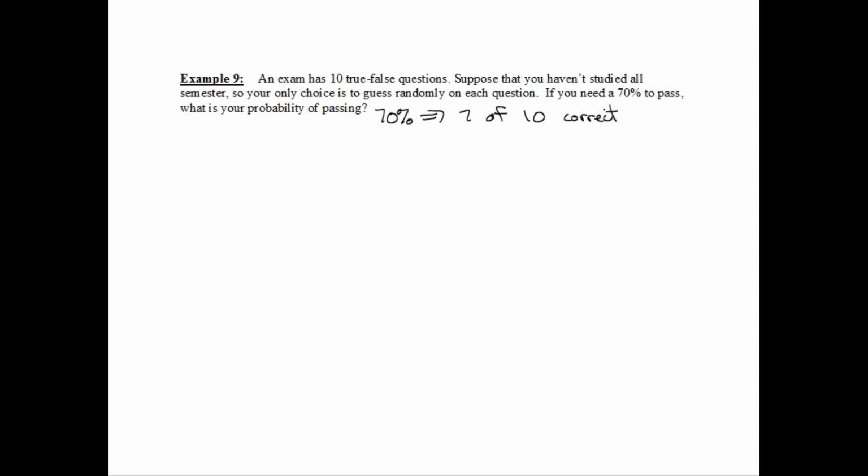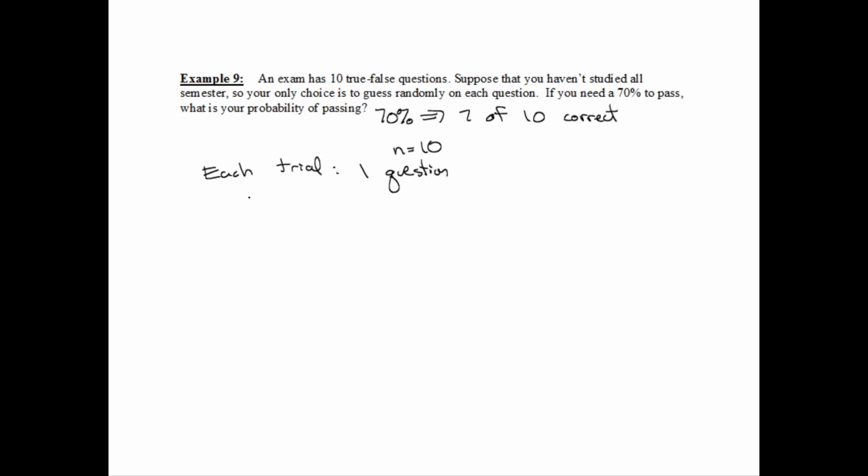We know this is a binomial distribution because we have the same thing happening over and over again on each question we guess. So we have 10 trials, and we have a fixed probability of success on each one, and all our trials are independent. On one question, what is the probability of success? In other words, each trial will be one question.